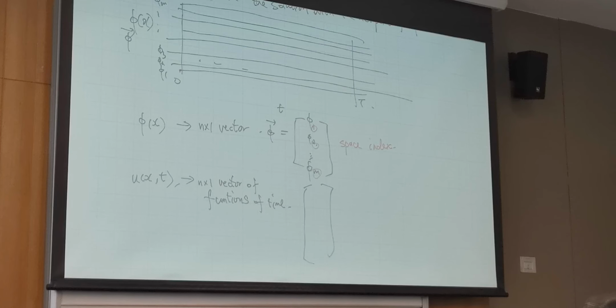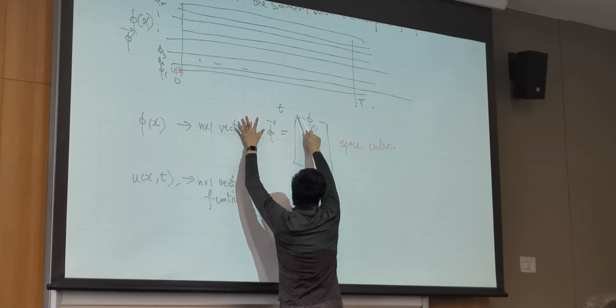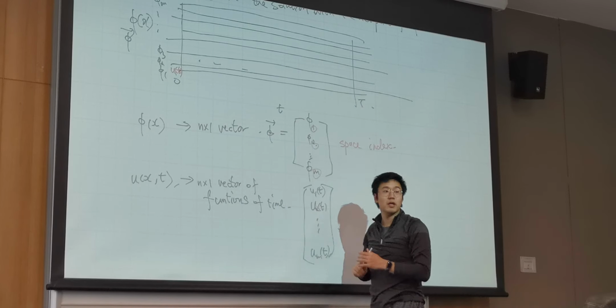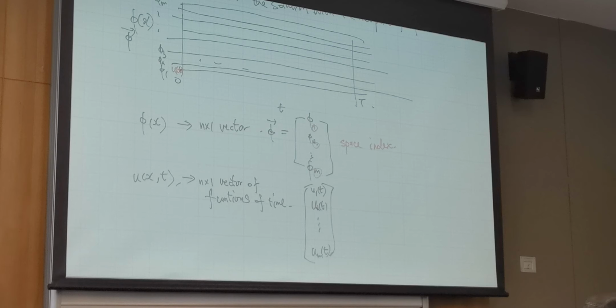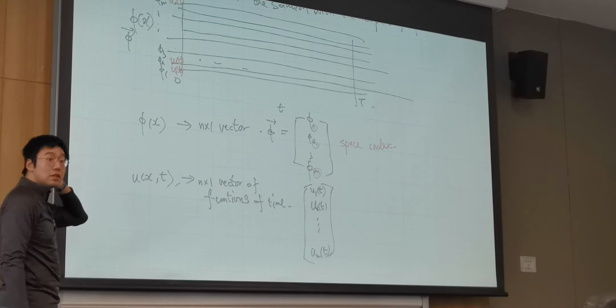So that is to say, I'm having my u1 t, u2 t, until un t. So u1 t evaluated at 0, and this single function, of course, is going to evolve until time t. So I'm having my u1 t and u2 t and until un t. So that's good. This is just discretization.